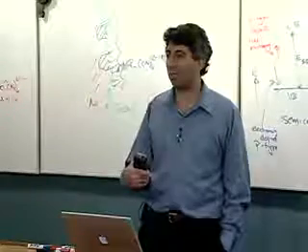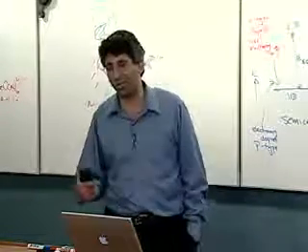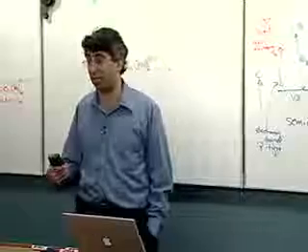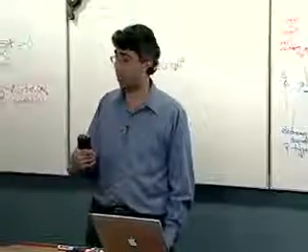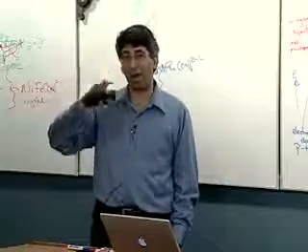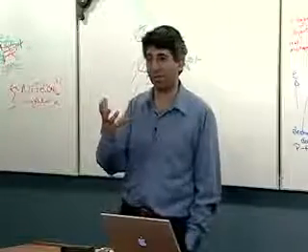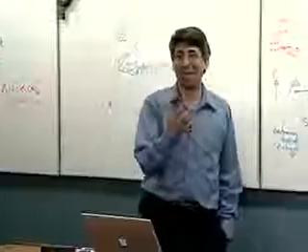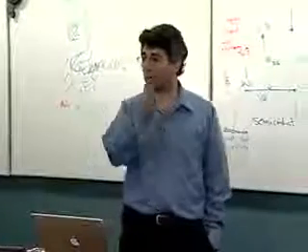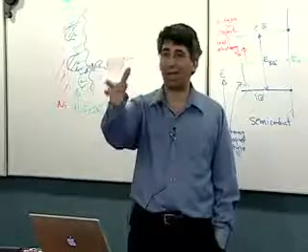So perhaps the most successful cell, not perhaps, clearly the most successful cell is the so-called Grätzel cell, which is a TiO2-based cell. To get around the fact that it's wide band gap, Michael Grätzel absorbs a ruthenium-based dye on the surface of the TiO2, and the light is absorbed into the dye.